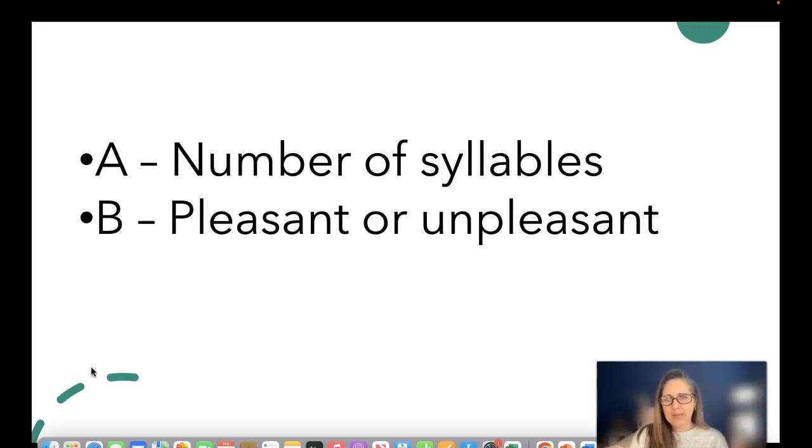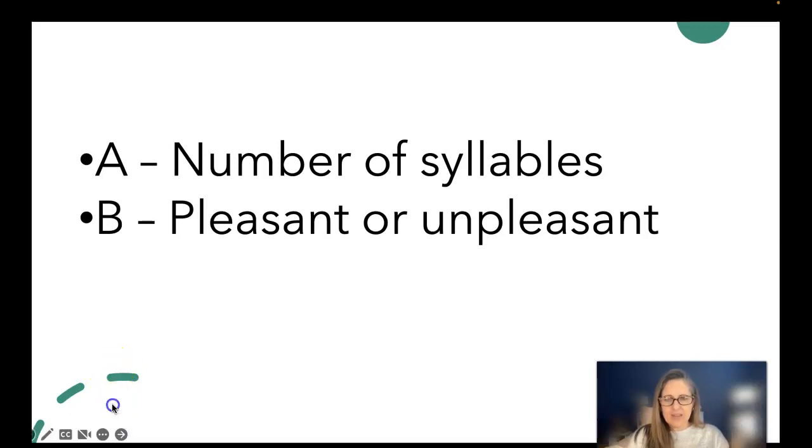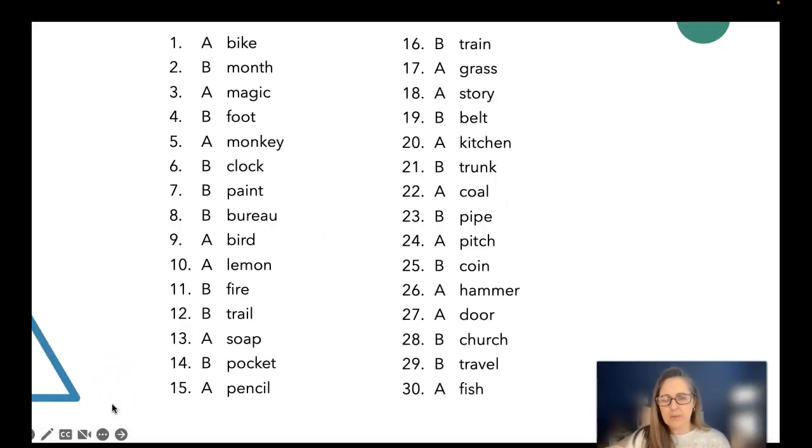And when you're ready to continue, you can unpause. And you can check yourself to see how you did. So these are the words that I read to you a few minutes ago.